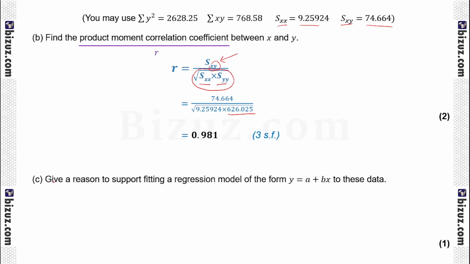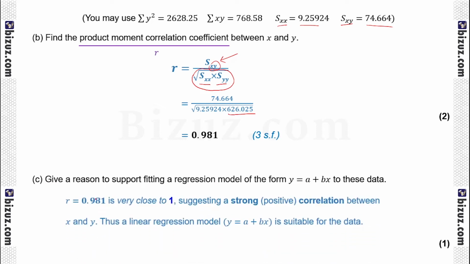All right. Give a reason to support fitting a regression model of the form y equals a plus bx to these data. All right. So as you can see, our product moment correlation coefficient r is 0.981, and that is very close to 1. Okay.